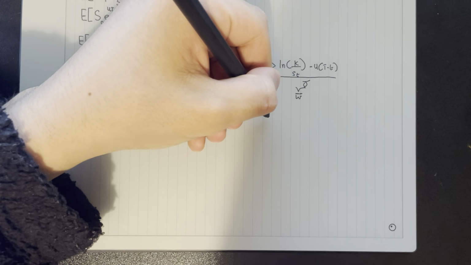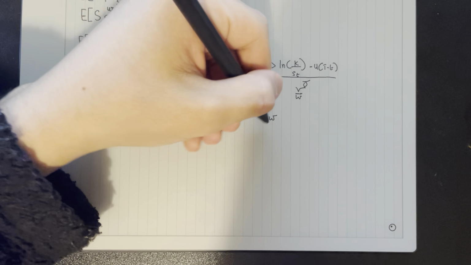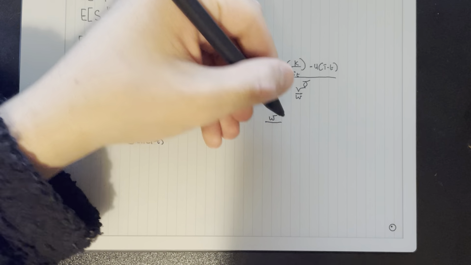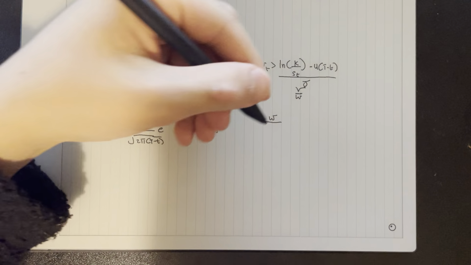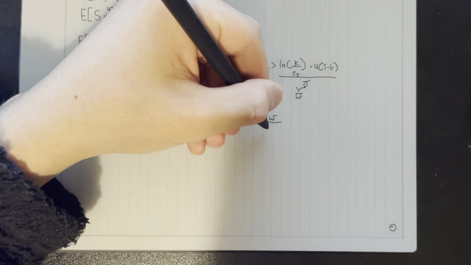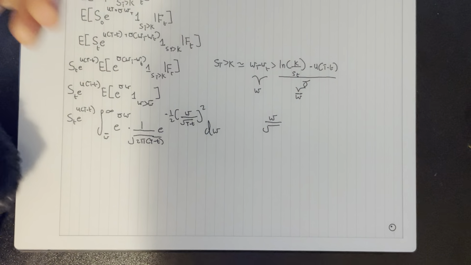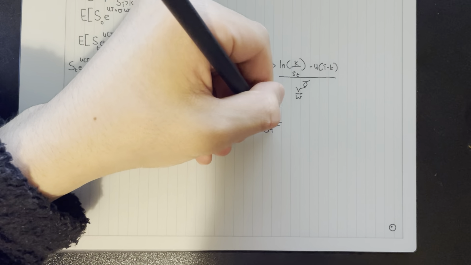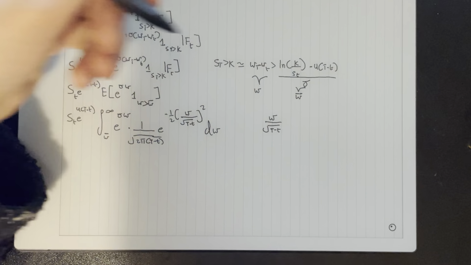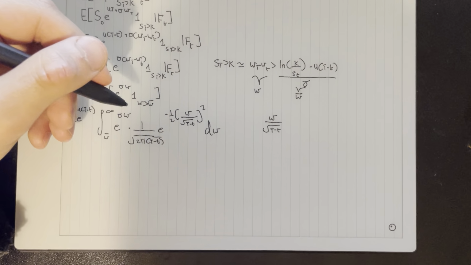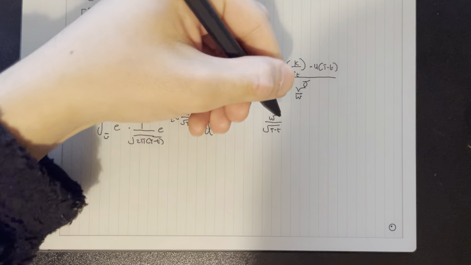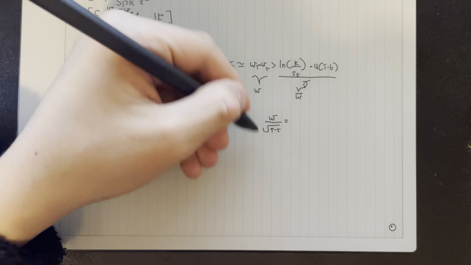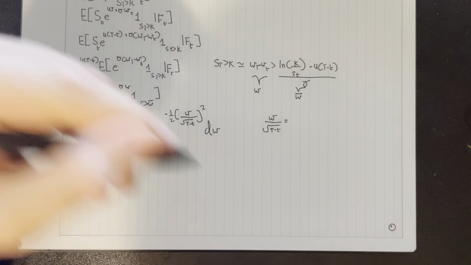So in this case, to standardize W, which is the Brownian motion, we have to subtract the mean. However, the mean is 0, so we simply need to divide by the standard deviation, which is the square root of capital T minus little t. And that will give us a standard normal, which we'll call x.